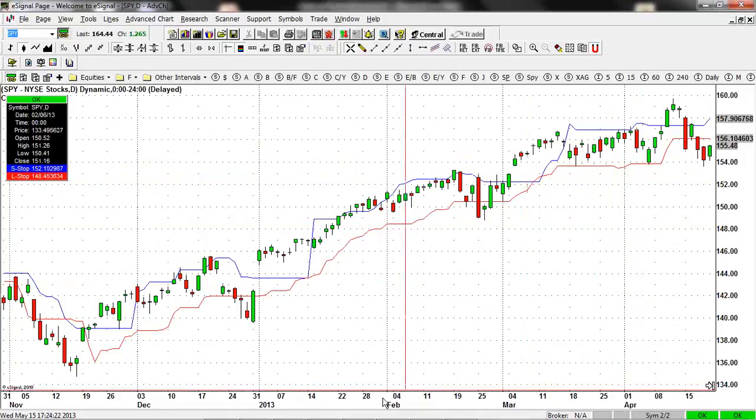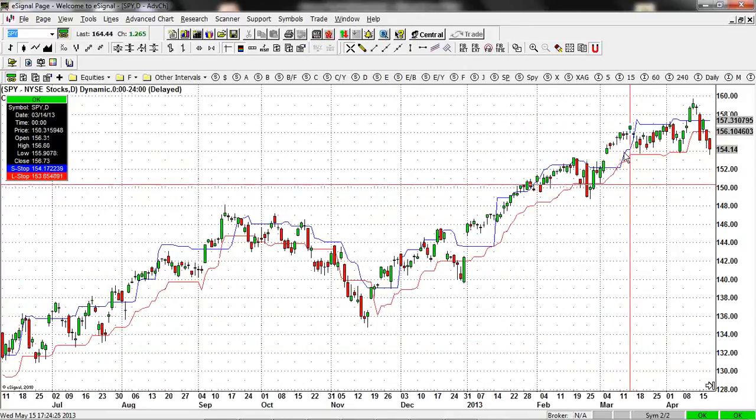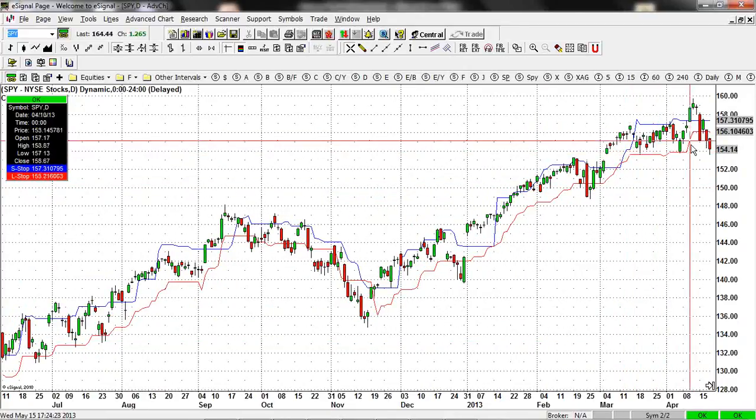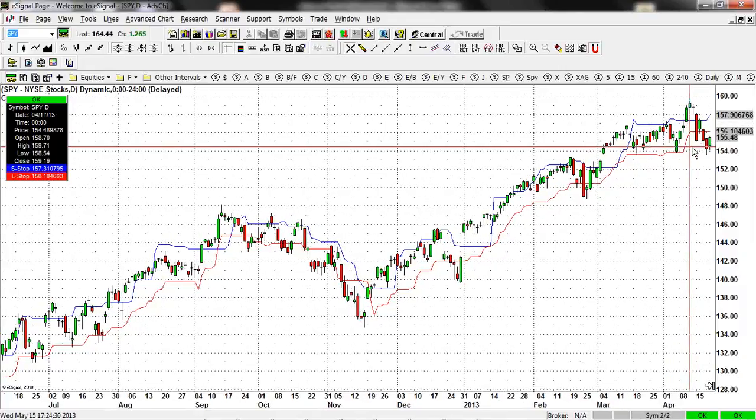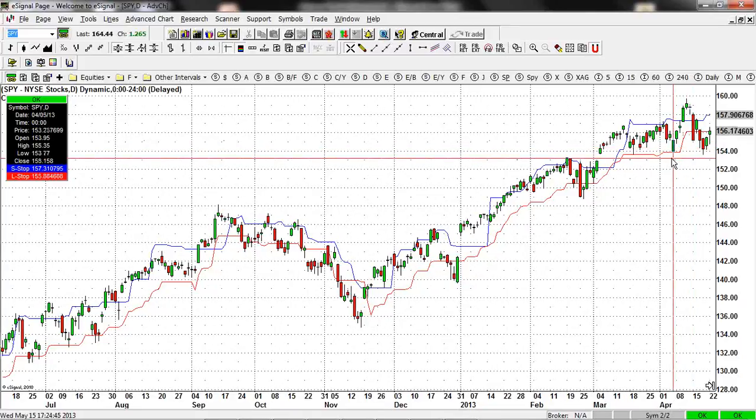And to fine-tune your entry on a re-entry of a chandelier exit, of a pullback, you could use a 4-hour chart to get a good entry. Maybe use an ABCD trade on a 4-hour chart to fine tune that entry, and then use the daily chart for your exit.